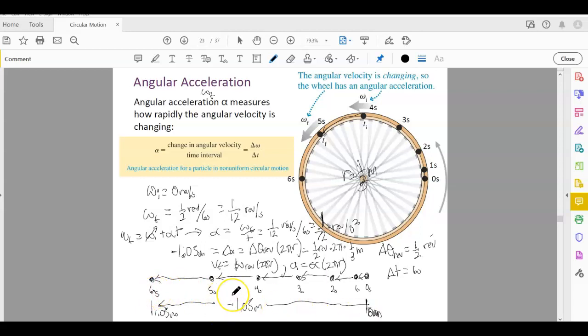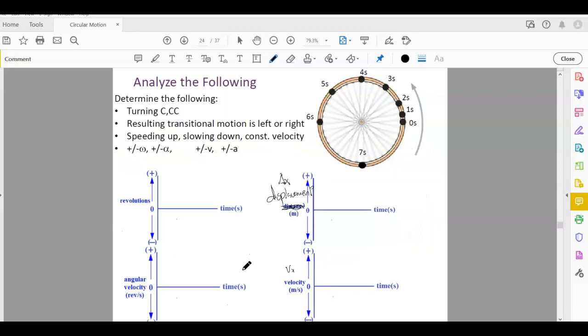That's kind of strange, and it would be the same for the y direction if it was moving up and down. They might seem to be opposites of each other. So my point is, you can't always say that if it's got positive revolutions, it's going to have positive linear displacement. So just be careful of that.